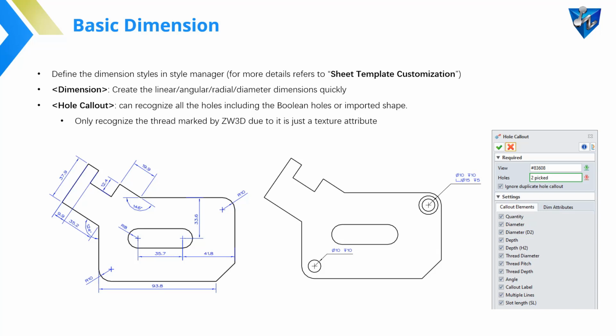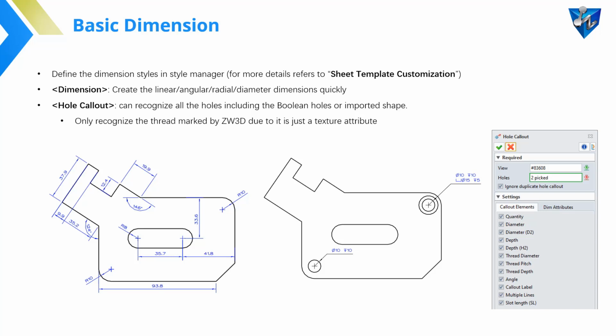It can cover most dimensions like the linear dimension, the angular dimension, the radial and diameter dimensions, and also the hole dimension, which is very easy in ZW3D and very powerful. We can use the hole callout. Why do we say it is powerful?